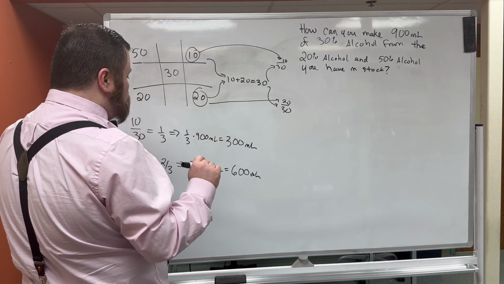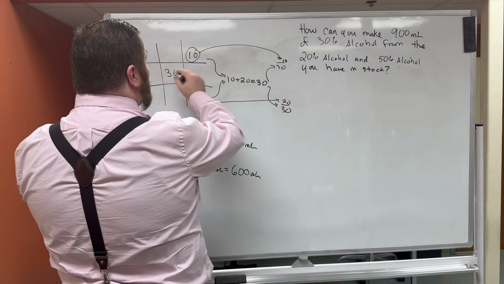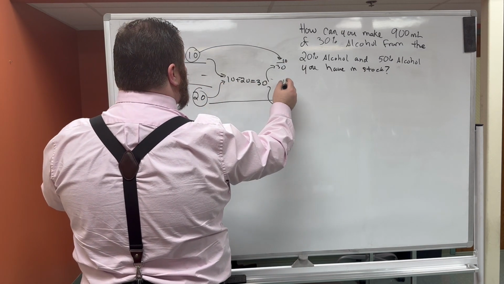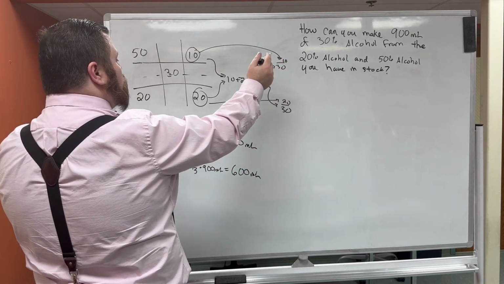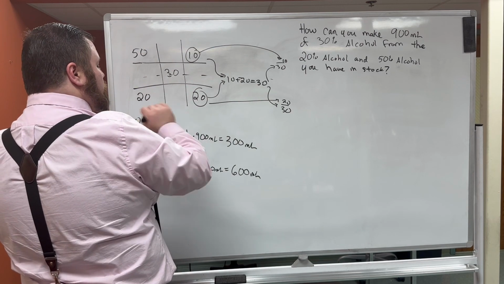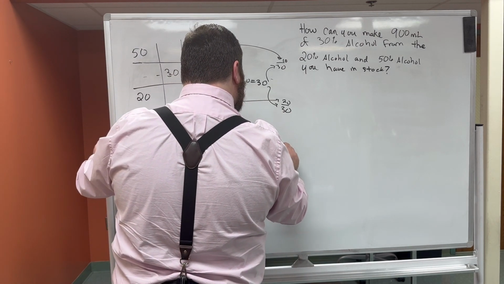We're almost done. So this 1/3, it came from this part. And remember how I told you this is kind of divided in half, the top part and the lower part? This 1/3 corresponds to the higher strength. So this 1/3 corresponds to the 50%.